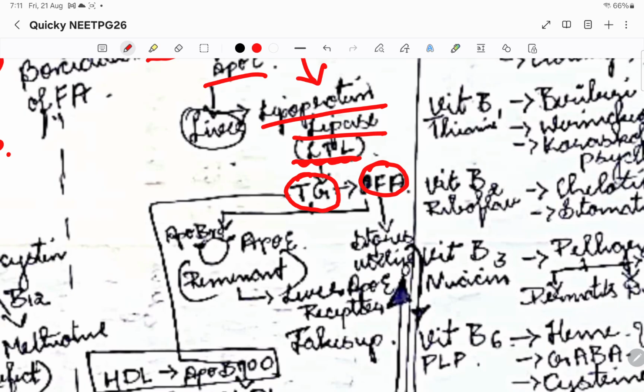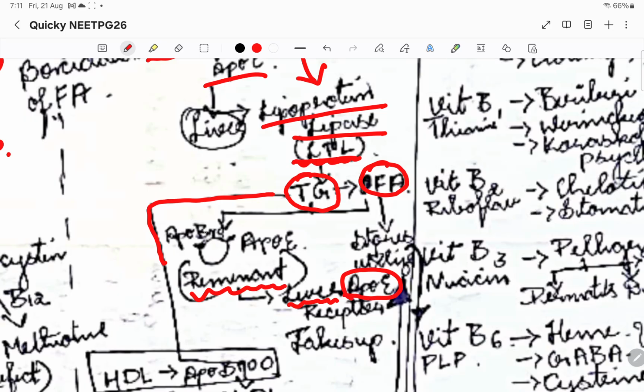Okay, the remnants of this broken down thing will have ApoE and ApoB48, because ApoC2 it recognized and all the chylomicron has broken down into triglyceride and fatty acid. The remaining thing, the remnant, will be recognized by the liver receptors by ApoE site.